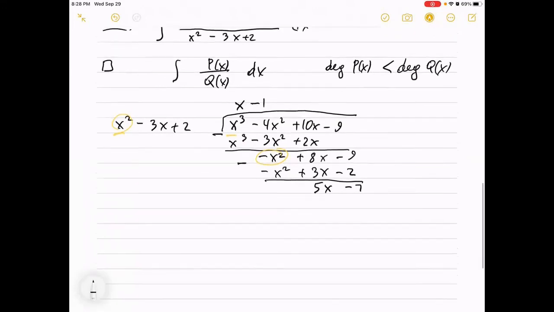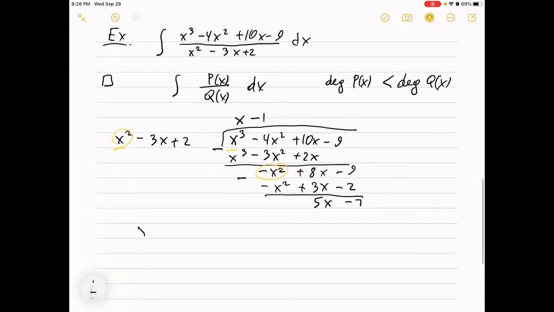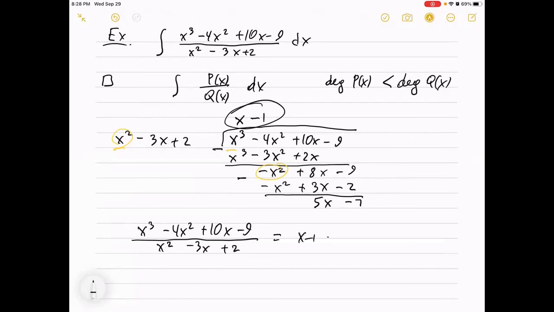So what you've got is the rational expression x cubed minus 4x squared plus 10x minus 9 divided by x squared minus 3x plus 2 is going to be equal to the quotient, which is x minus 1, plus the remainder, which is 5x minus 7, and we divide the remainder by x squared minus 3x plus 2.